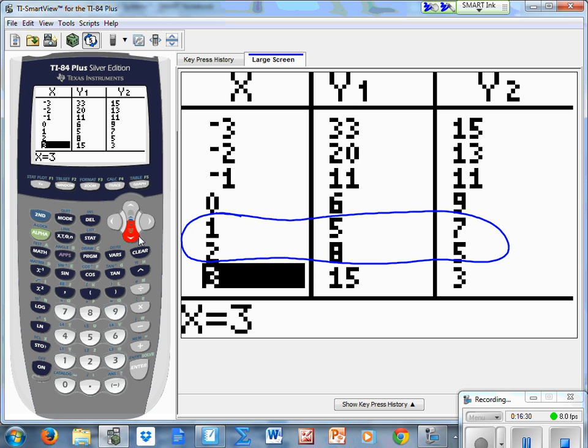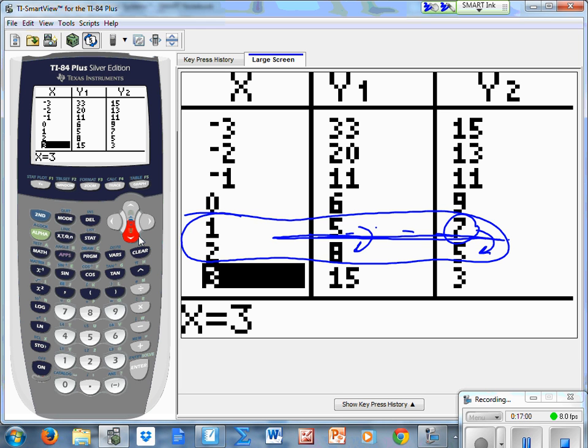Okay, so we see that here, our two values are trading places. So this one is equal to 5, and it goes up to 8. Well, then this one is equal to 7, and it goes down to 5. Okay, so right somewhere in between here, something about the graphs is changing. Something's different. Okay, and that's where our solution falls into place.